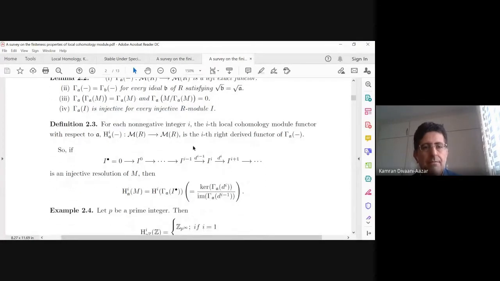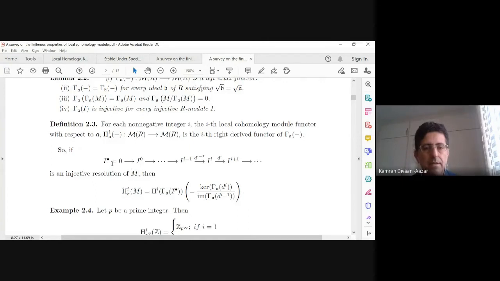Now we can define the local cohomology modules. For each non-negative integer i, we have one local cohomology functor, like this, from the category of R-modules to itself, that is defined as the ith right derived functor of gamma A. That means if this is an injective resolution of M, then H^i_A of M is the ith homology of gamma A of I dot.